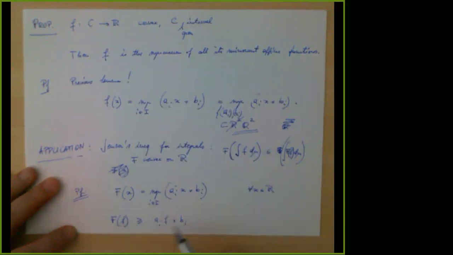The only thing that we need to do is to integrate on both sides. We integrate here with respect to mu, and here with respect to mu, and you see that we also have to integrate 1.